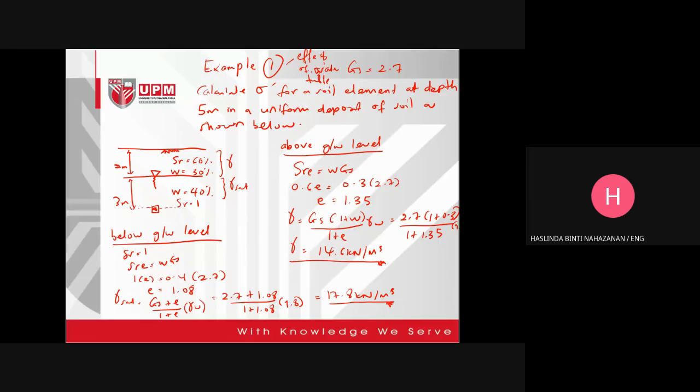So you might have questions where we have different types of soil below the ground surface, and there's also a possibility of having a surcharge as well. For instance, if you've been given a surcharge Q is 100 kPa, then you have to add up the surcharge into the calculations. Tapi example ni tak adalah.